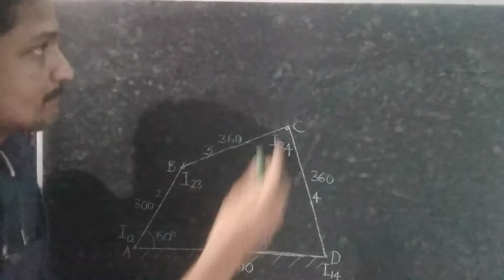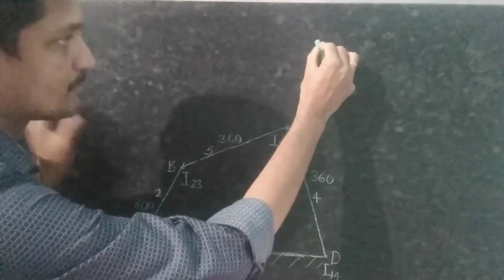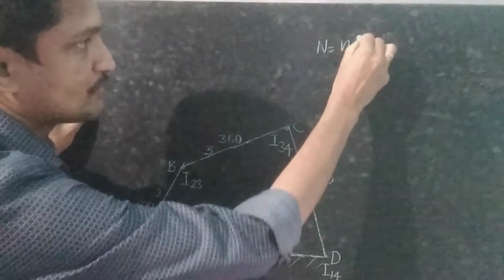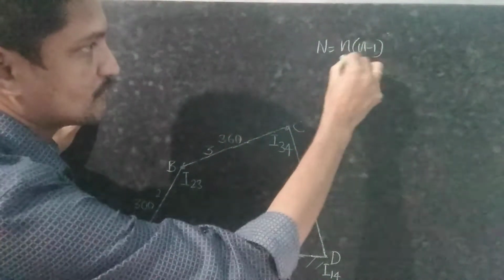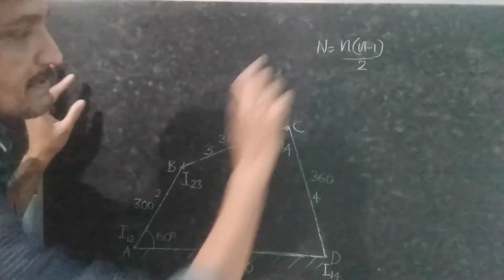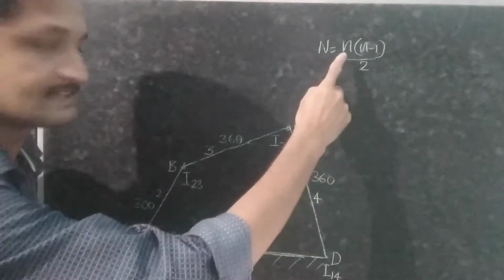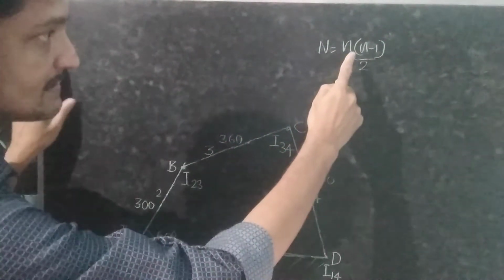Total number of instantaneous centers is equal to N into N minus 1 by 2, where capital N is the number of instantaneous centers and small n is the number of links.